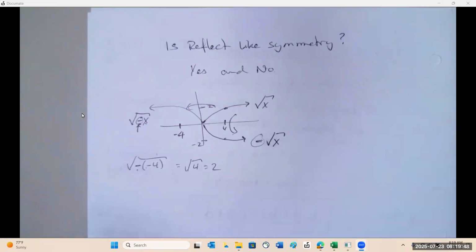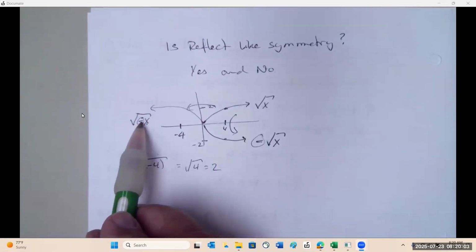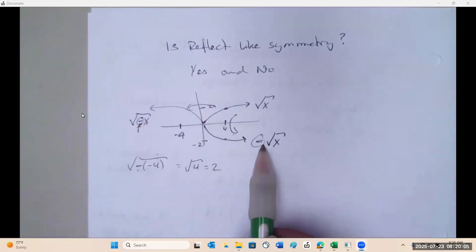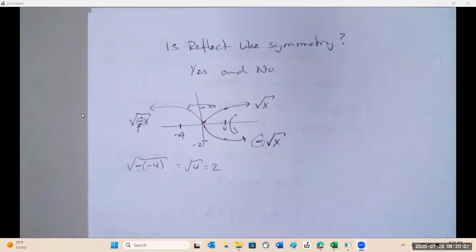So the negative is outside. This is what you have to be very careful about. What kind of effects do these negative signs have? Whatever is in front of the x value is my b value. Whatever is in front of my function is my a value. Those are reflections.